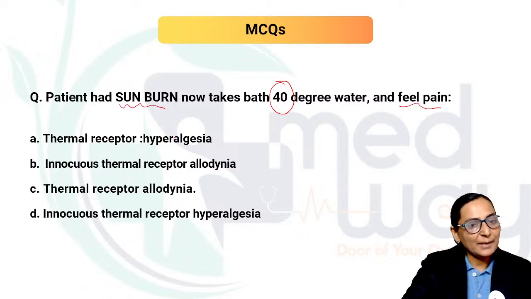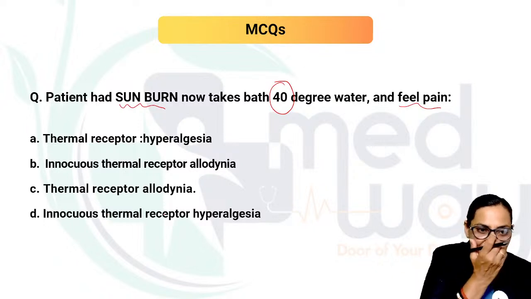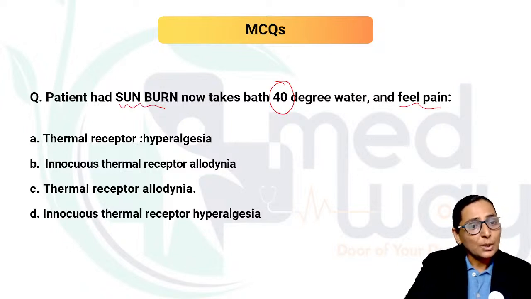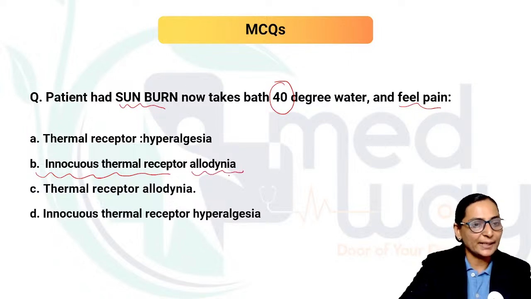Thermal receptor hyperalgesia, innoxious thermal receptor allodynia, thermal receptor allodynia, noxious thermal receptor hyperalgesia. So this is a feature where there is an innoxious thermal receptor and allodynia is also there.